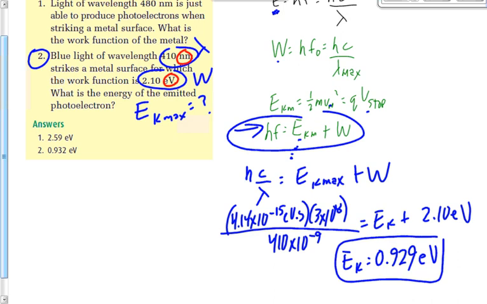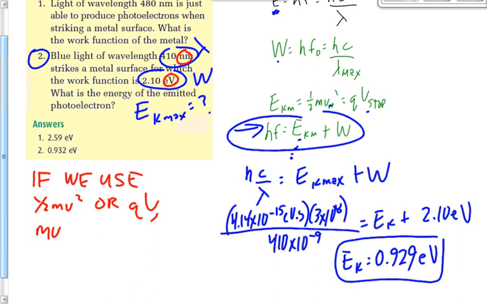All right. Okay. Pay really close attention to this and write this down somewhere, okay? We're allowed to use the electron volts in this problem, but if we use 1/2 mv squared or QV, we must use joules. So in this question, we didn't have to use 1/2 mv squared or QV stop, but we were close.